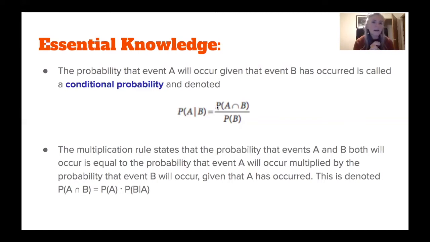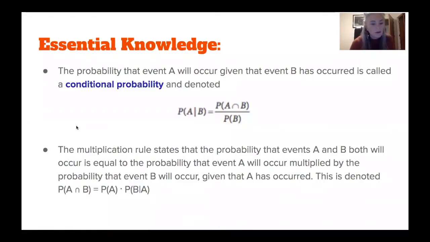If you remember from the last section, the intersection is when they happen at the same time, like senior boys. So this would be the probability of choosing a senior boy, given that you are talking only about senior boys.